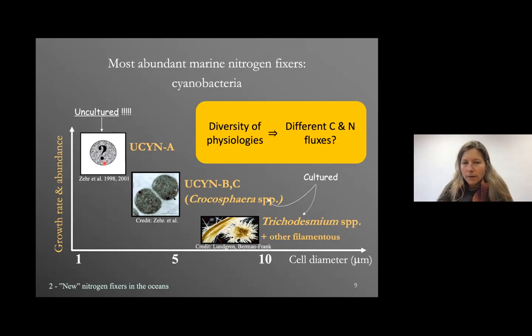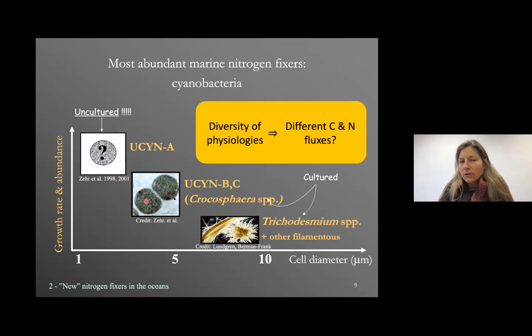One conclusion that can be drawn from this very simple diagram is that we have here three groups of players that have different shapes, sizes, abundances.